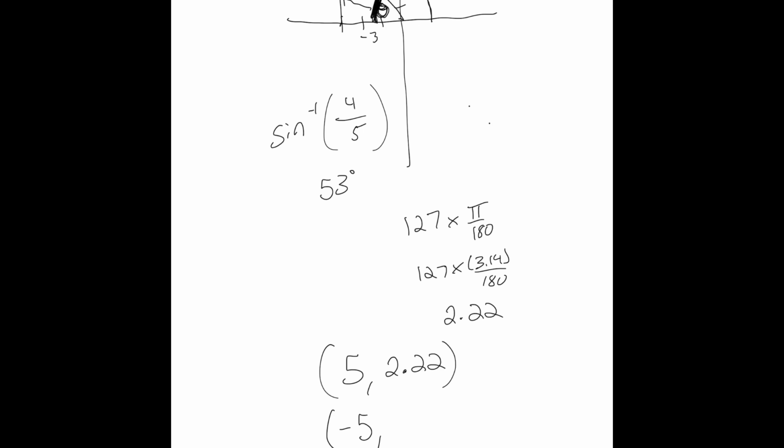Okay, so if my radius is -5, I need to end up here at the positive 127, so go in the positive direction.